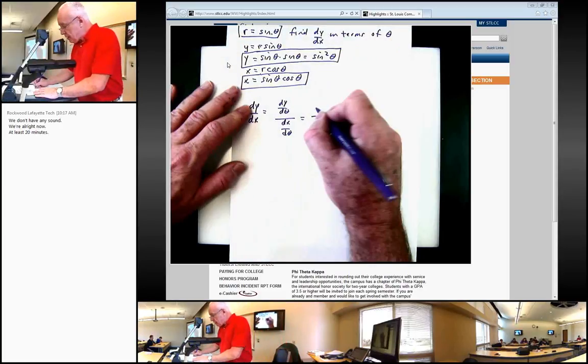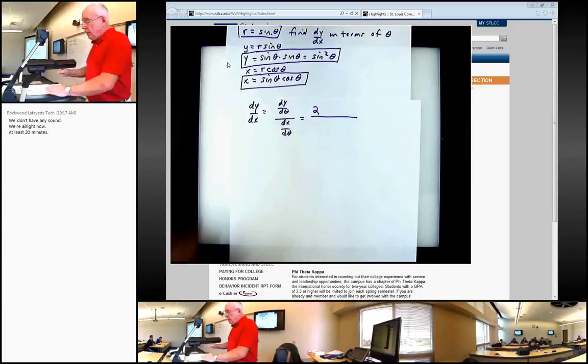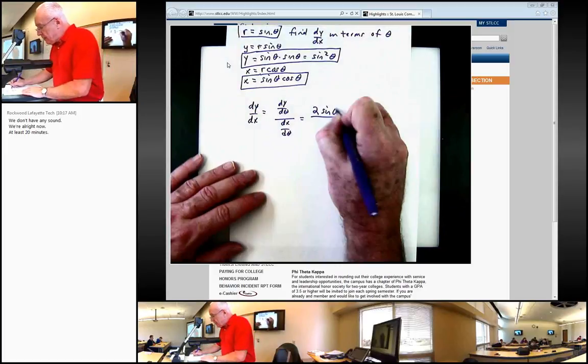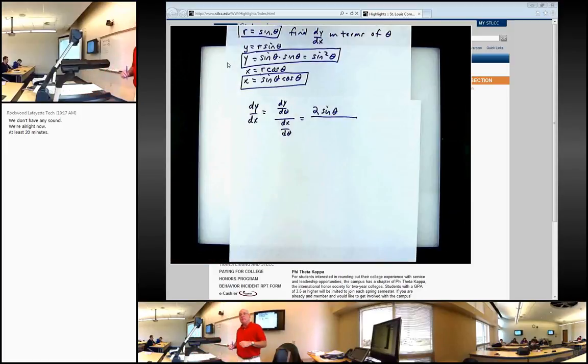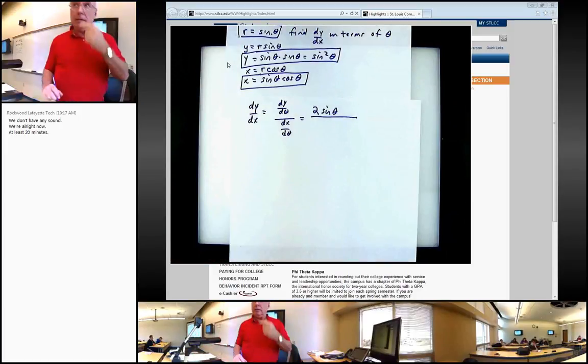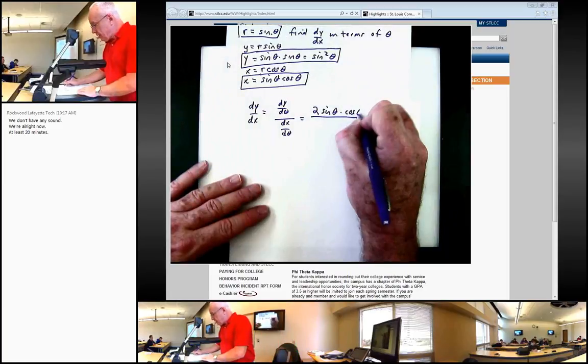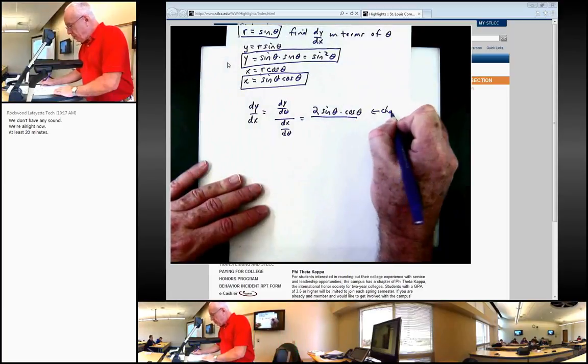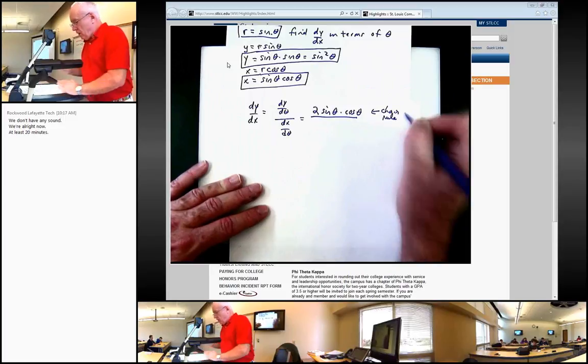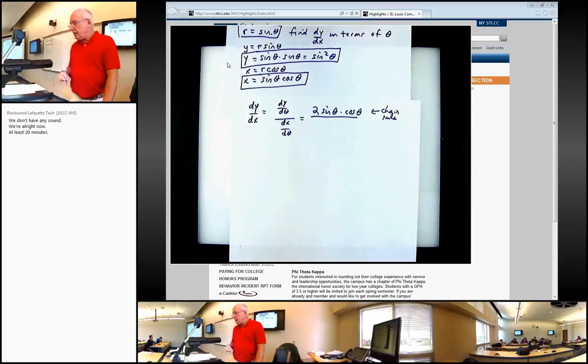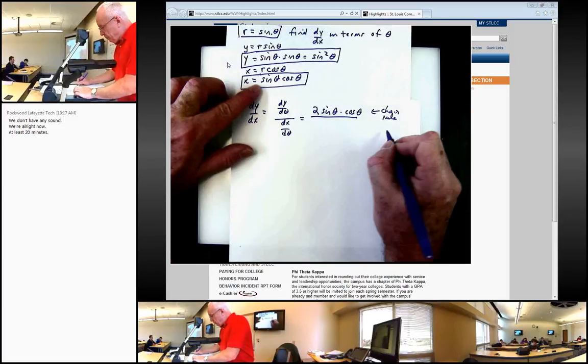I bring my exponent down, 2 times the sine of theta, and then I multiply it by the derivative of the sine, which is the cosine, times the cosine of theta. Chain rule.